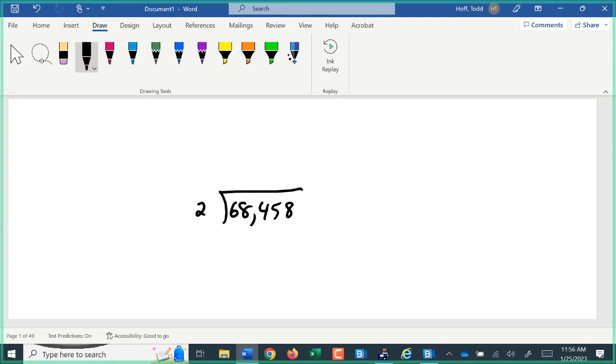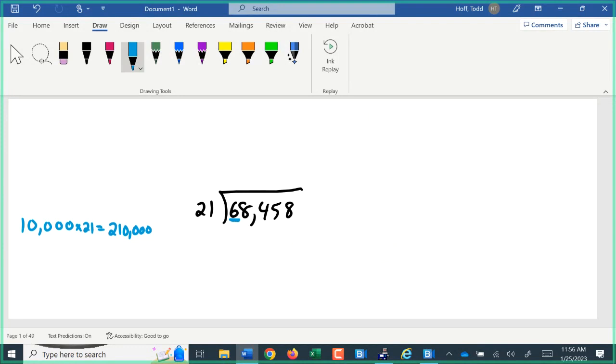68,458 divided by 21. Now again, I'm not about to start subtracting 21 from 68,000. We don't have that kind of free time. But we can look at subtracting big chunks of 21. And we start with the place value of the first digit of the number we're dividing. That's in the 10,000s place. 10,000 times 21 is 210,000.